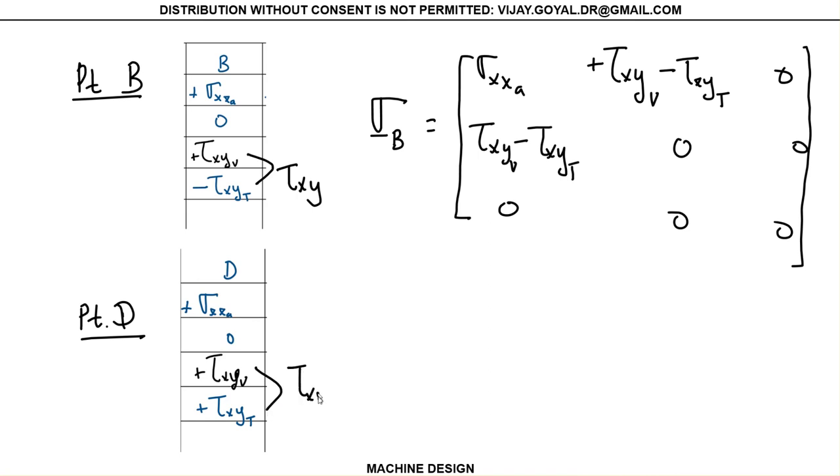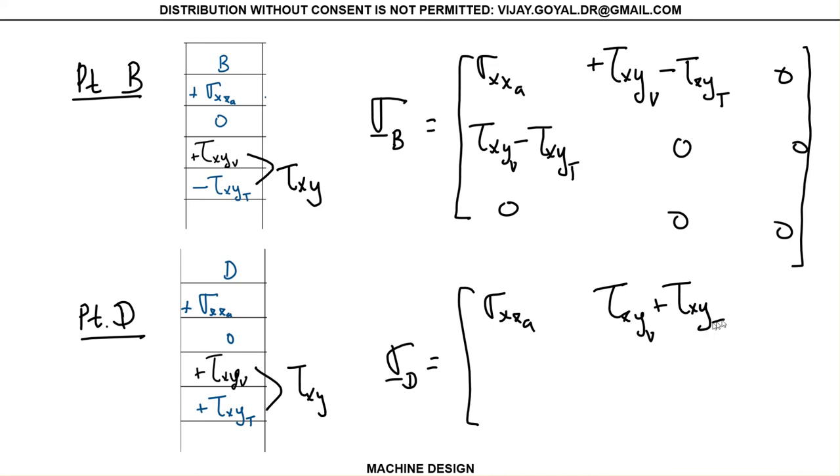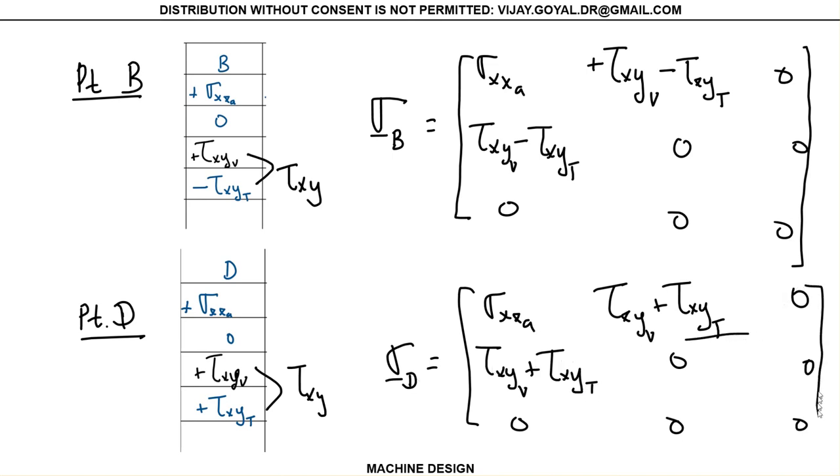Since it's y and y, I will add them up. This is at point D. We'll have sigma xx axial, tau xy due to shear plus tau xy due to torque. This is 0. I don't have anything else acting here. And this is symmetric. So this is your state of stress for the main points that we are under consideration.